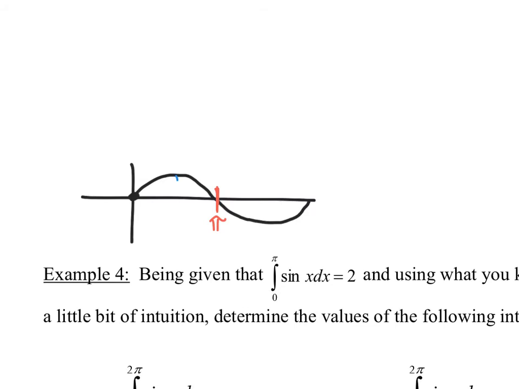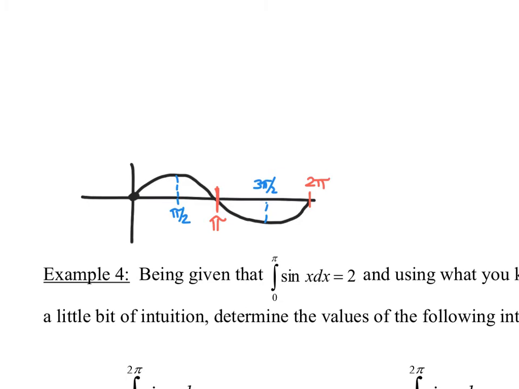All right, I'm going to split it up even further. Put a pi over 2 here, a 3 pi over 2 here, and I'll get the 2 pi here. All right.